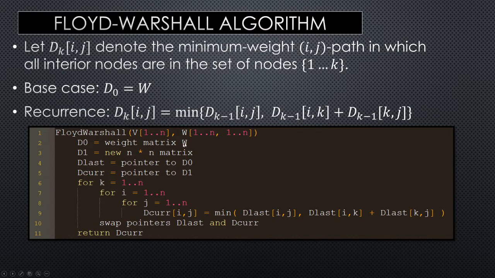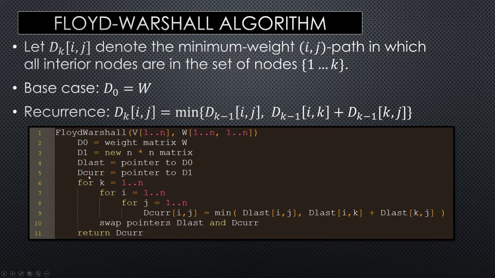So we're going to create two new arrays, d0 and d1. These are matrices, two n by n matrices. And the first one, we're just going to copy all of the contents of the weight matrix into d0. And then we're going to create a brand new n by n matrix that's kind of empty for d1.